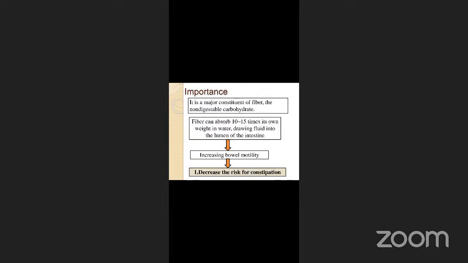So it will decrease the irritability, bleeding or hard motion. Therefore, this fiber will increase the bowel motility and decrease the risk of constipation. Cellulose is given as a medicine for constipation.